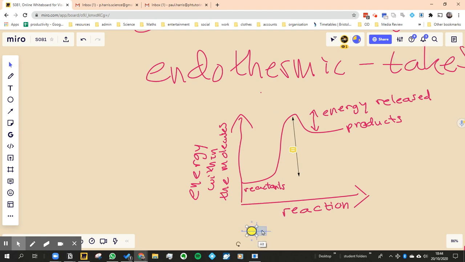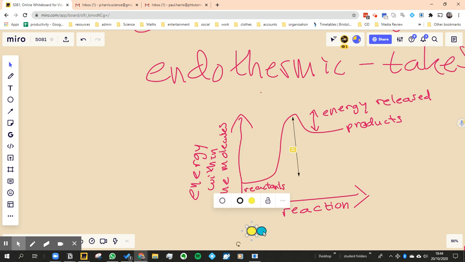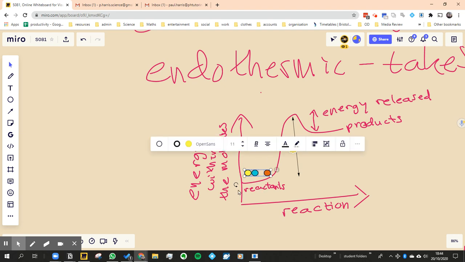So if we imagine we had this sort of chemical, this molecule, and then we had a separate molecule over here, which we're going to make orange, and just shrink that down. So this is what is there at the beginning, right? Whatever it might be. Let's say it could be some metal reacting with, I don't know, magnesium reacting with iron oxide, for example.